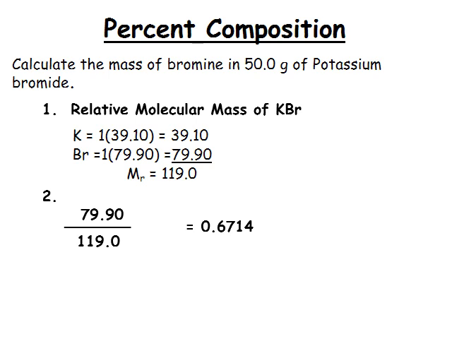So it's 79.9 divided by the relative molecular mass, 119, to give you 0.67. And then all you do is multiply the 0.67 by 50 grams. So it means that for every 50 grams of potassium bromide, you have 33.6 grams of bromine. Hopefully you got that correct. If you didn't, focus on the area where you went wrong and go back through your notes and the video and see if you can improve.